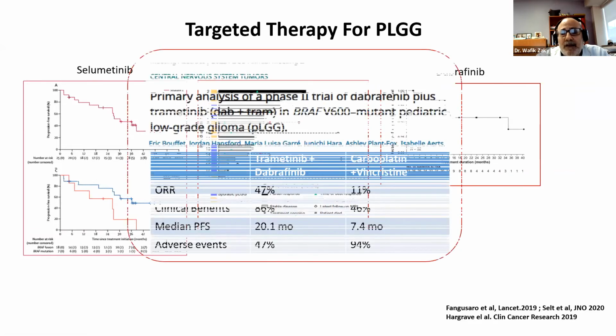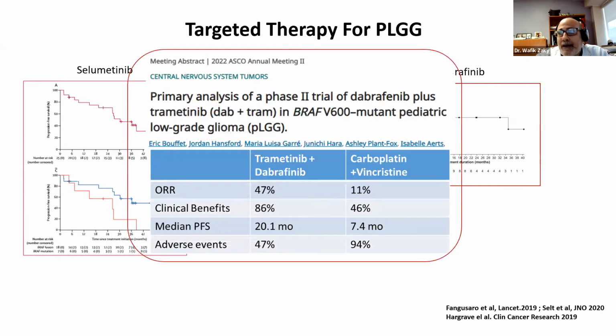The most recent data presented from the Sick Kids group was by Eric Bouffet. He presented this at ASCO. He combined the BRAF inhibitor and MEK inhibitor in low-grade glioma and compared this in a trial versus the standard of care, carboplatin vincristine. Very promising data.